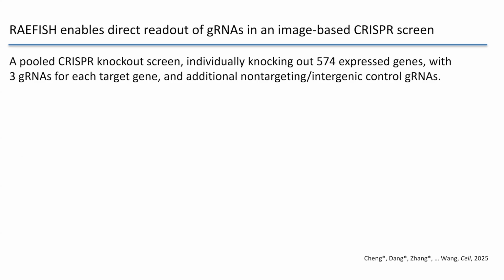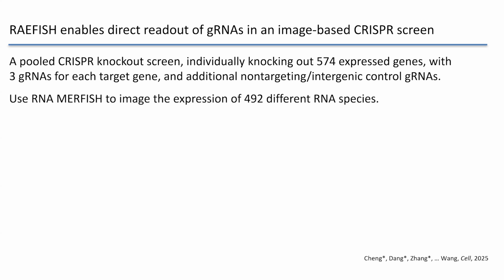We performed a pooled CRISPR knockout screen, individually knocking out about 600 expressed genes with 3 guide RNA for each target gene and additional non-targeting or intergenic control gRNAs. For high-content phenotyping, we used RNA MERFISH to image the expression of about 500 different RNA species.